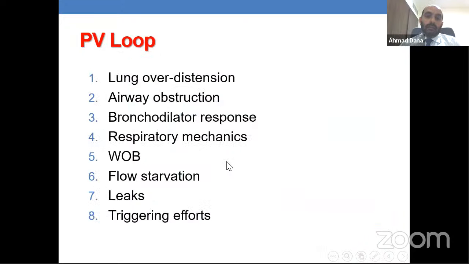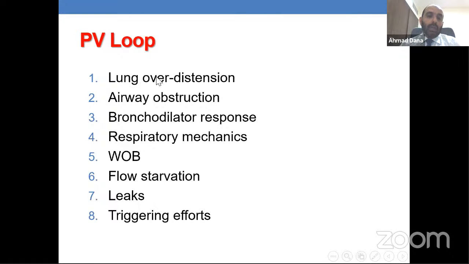And as we said, the importance of the pressure volume loop is that it helps to determine if there is lung overdistension, airway obstruction, bronchodilator response, respiratory mechanics, work of breathing, flow starvation, leak, and triggering effort.